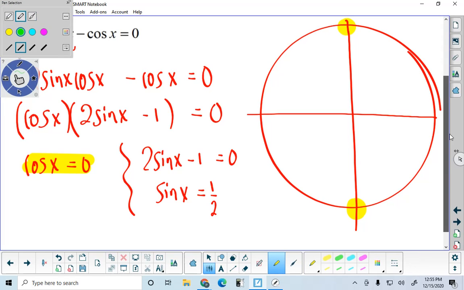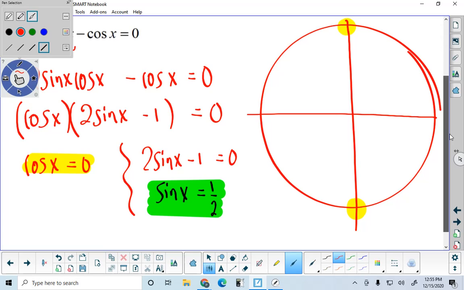For that equation, we're looking at sine of the rotation angle being 1/2. Sine is the y-coordinate. The y-coordinate is 1/2 right here, which means that these 2 locations are the other positions, because that's where y is 1/2.